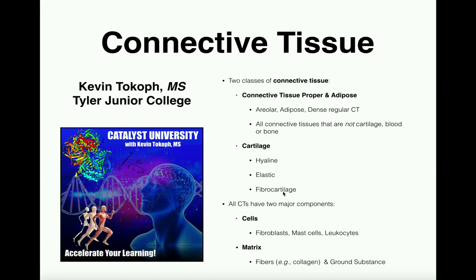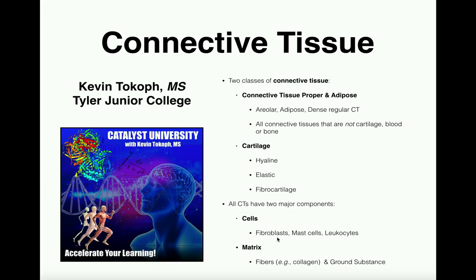Now all connective tissues really have two major components that we're going to be able to see in all of these. Those are cells and what's called matrix, also called extracellular matrix. The cells are just different kinds of cells that lie in that particular tissue.